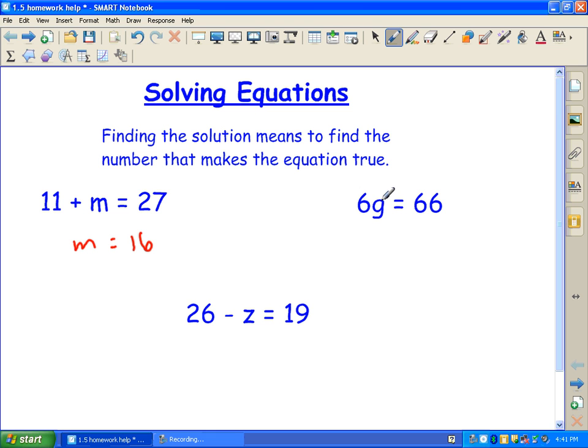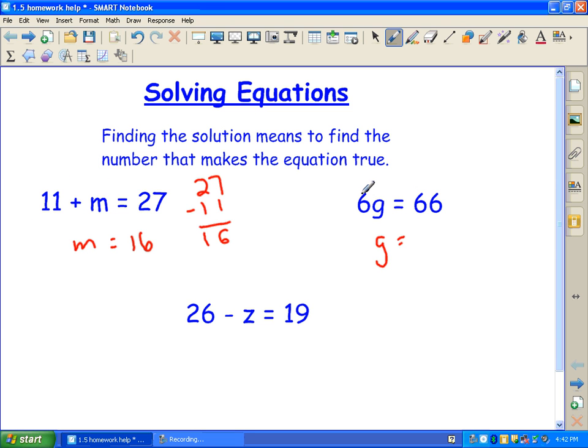So if I look over here, this one is asking me 6 times what will give me 66. And again, I think most of us could probably do it in our head, but if we couldn't, we can always find the answer by doing the opposite. In other words, over here, if I wasn't sure that that was 16, what I could have done was said, okay, 27 minus 11 gives me 16, so that must mean that this has to be 16.